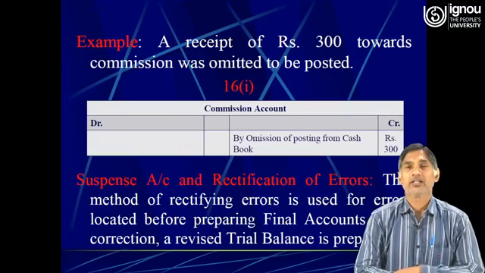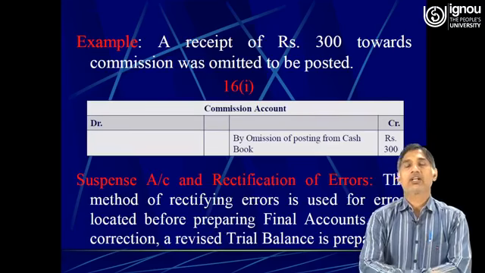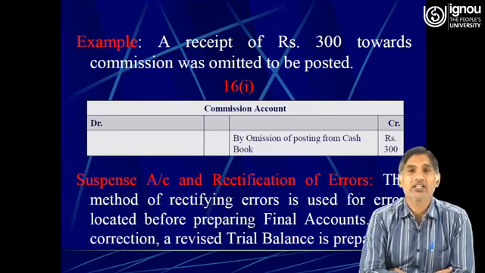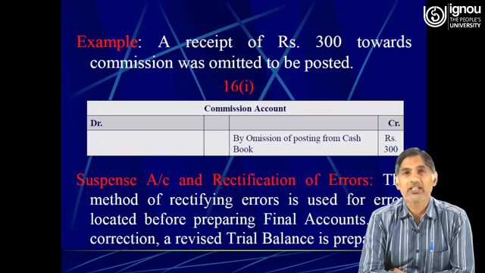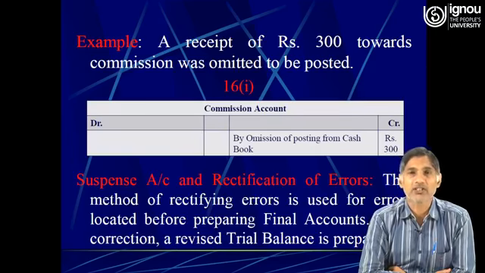So on the debit side of cash account we wrote to commission 300 rupees, but while posting it from journal to ledger, on the credit side of the commission account, we omitted to record the transaction. Therefore, in order to nullify the effect, we will have to write on the credit side of commission account by omission of posting from cash book rupees 300.